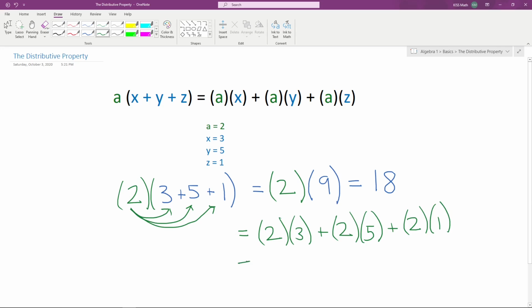And if we solve these, this would be 2 times 3 is 6, plus 2 times 5 is 10, plus 2 times 1 is 2. And this would be 16 plus 2, 18. And you see we get the same answer as we did before. Sometimes it will make more sense to just evaluate it like we did up here, and then other times it'll make more sense to distribute.